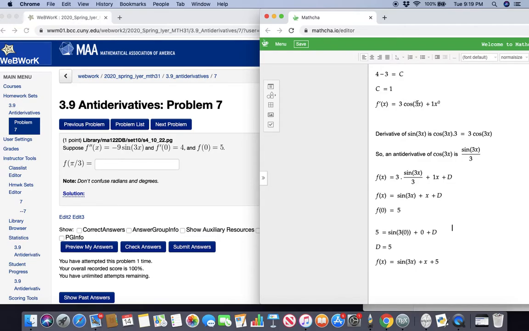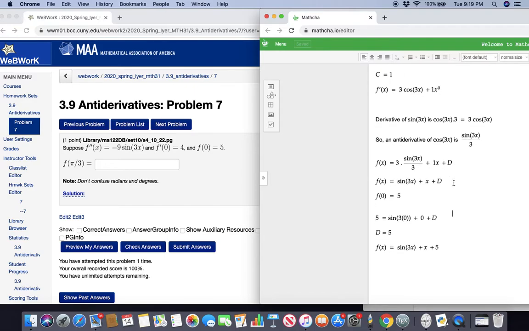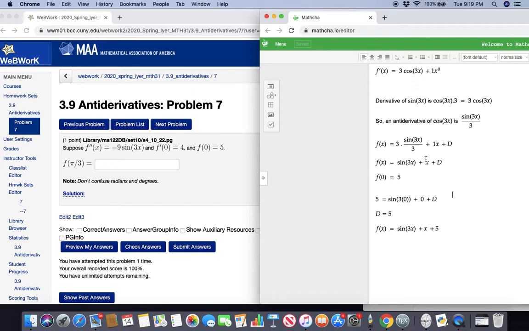The antiderivative of cosine 3x becomes sine 3x over 3, plus 1. x to the power 0 gives me x to the power 1 over 1, and a constant term, plus d. Okay, 1x is nothing but x. This 3 cancels this 3, so I have sine 3x. f of x is sine 3x plus x plus d.